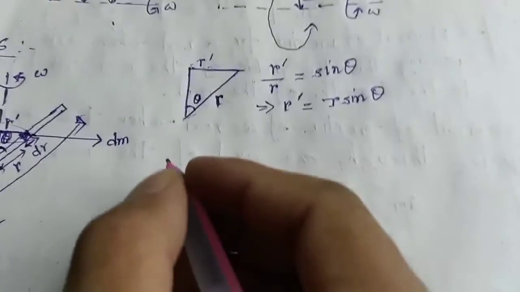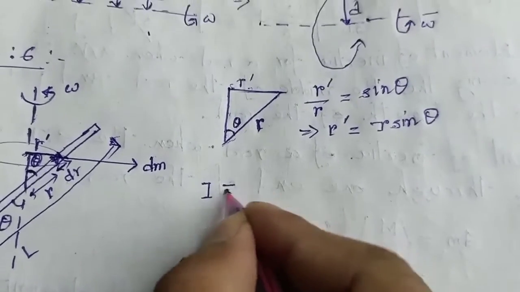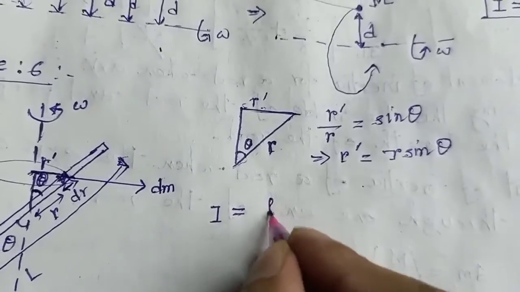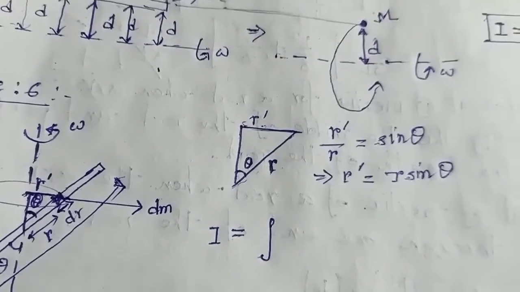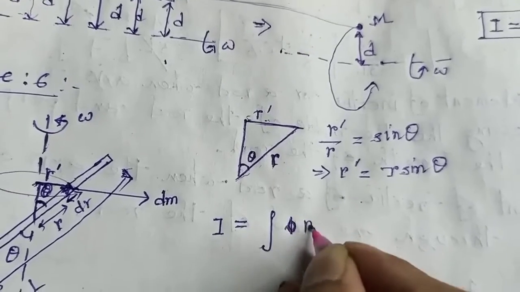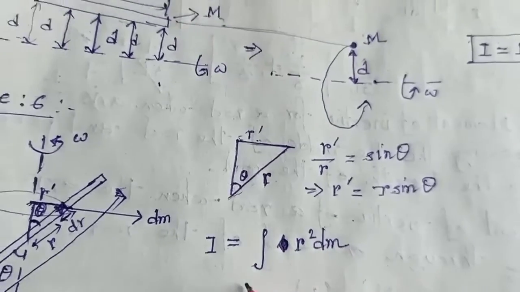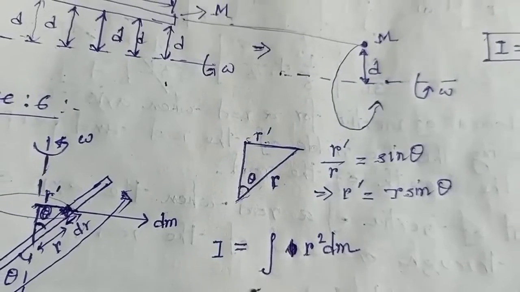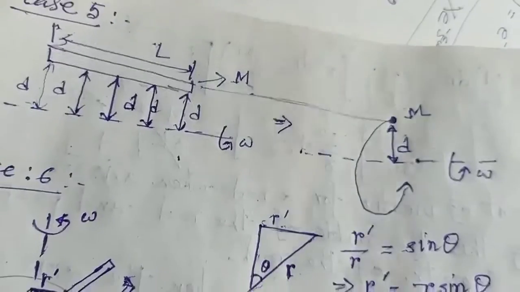So our moment of inertia becomes I equals the integration of r square dm, and our limit is from minus L by 2 to plus L by 2.